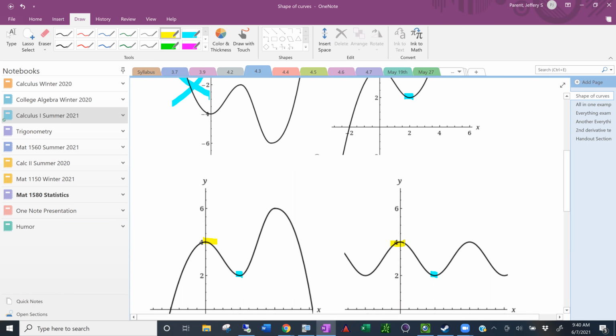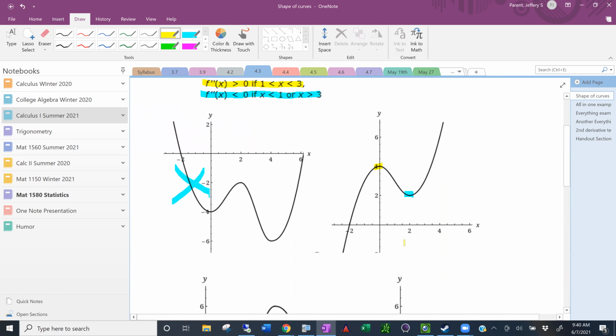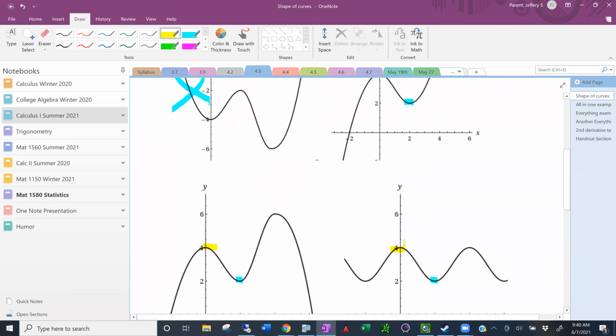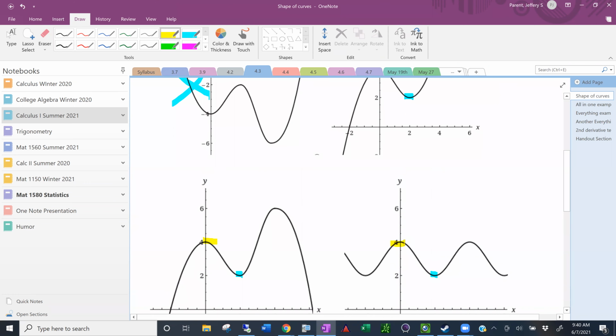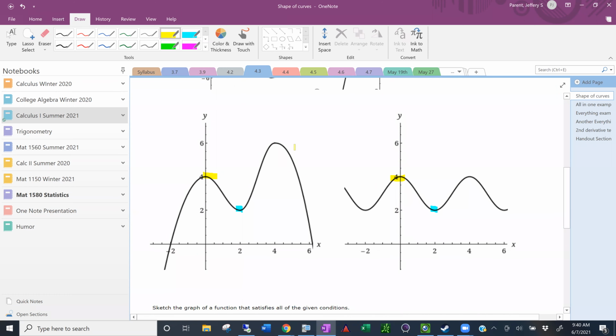So we're okay with those. And then at 4, we have another relative max. Okay. So that's here. Boy, I don't think we can eliminate any of these, can we?